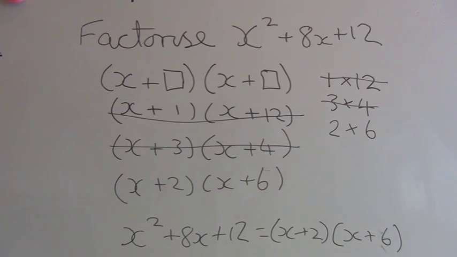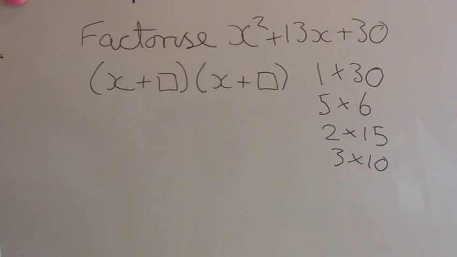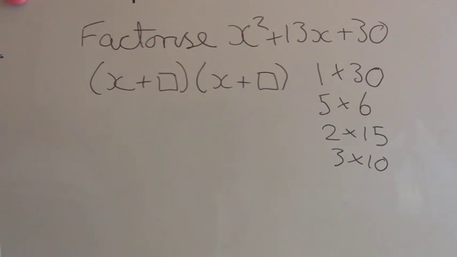So let's have a look at another example. Okay, so this time we're asked to factorise x squared plus 13x plus 30. Now I've written down the product here just to save a bit of time, and I've also written down the multiples that will equal 30. So let's start working through these and see which one we require.